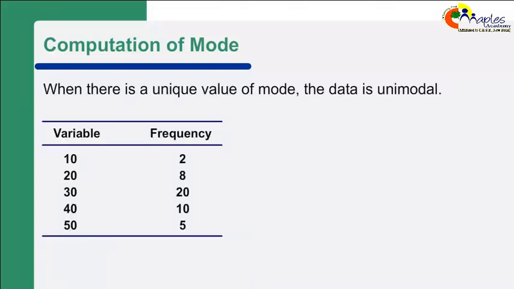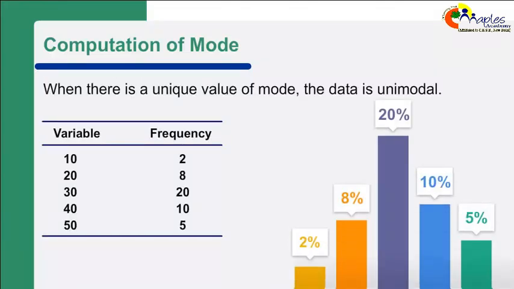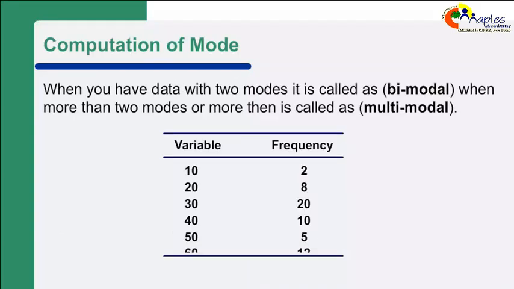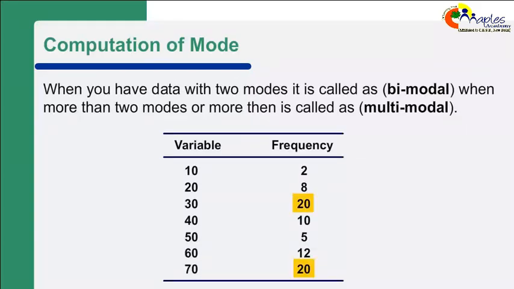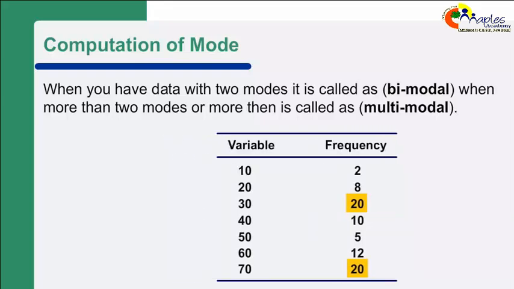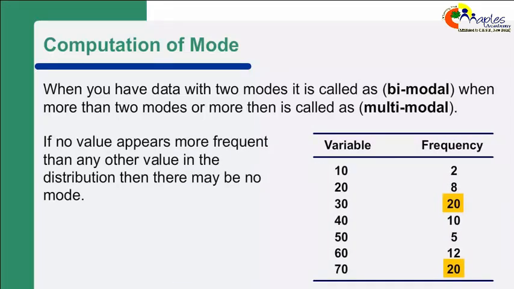When there is a unique value of mode, the data is unimodal. When you have data with 2 modes, it is called bimodal. When there are more than 2 modes, it is called multimodal. If no value appears more frequent than any other value in the distribution, then there may be no mode.